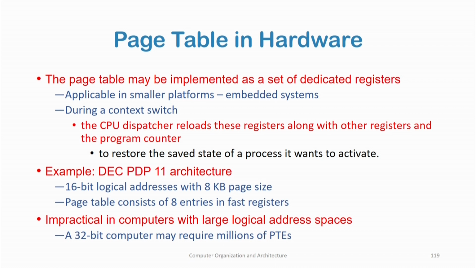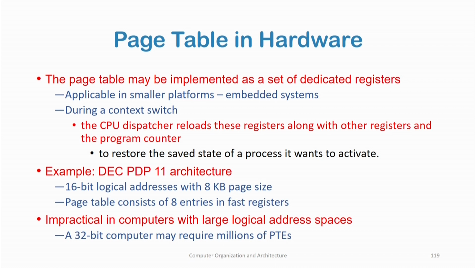Now, during a context switch, when a new process has to be brought into the CPU, the dispatcher will reload these page table registers along with other registers and the program counter in order to restore the saved state of a process and activate it. So, basically during a context switch, what happens? The saved state of a process is brought in. And what do we mean by the saved state of a process?